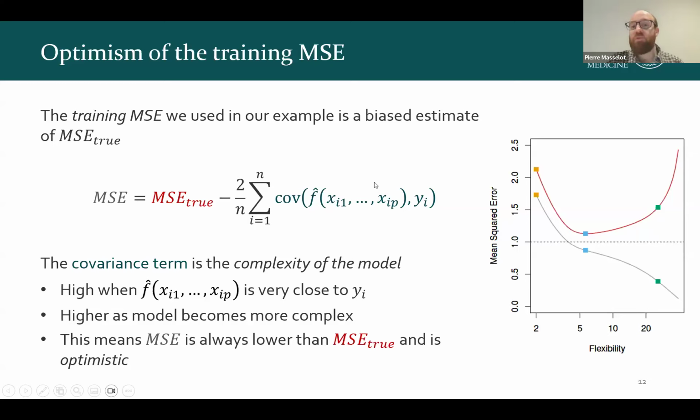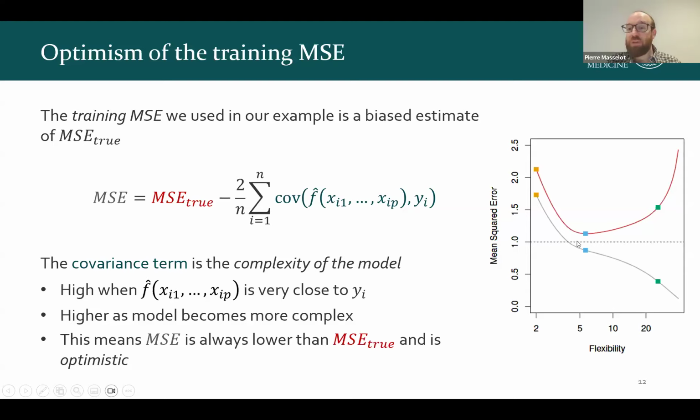It means that this term becomes higher and higher the more complex our model is. And so the difference between our generalization MSE, our true objective, and the training MSE becomes bigger and bigger as the model complexity increases.